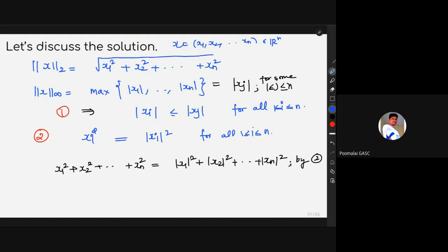Each of the numbers x1, x2, up to xn, in modulus, is smaller than the modulus of xj, so each square is smaller than xj square, where i is varying from 1 to n.